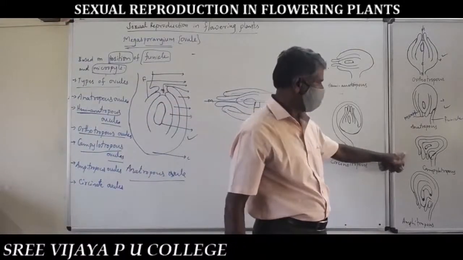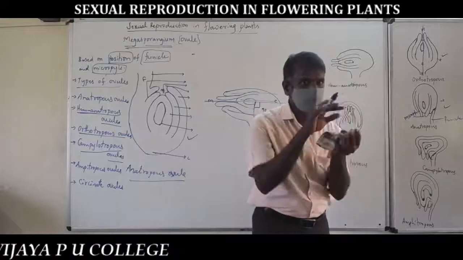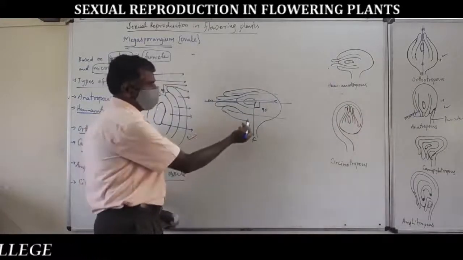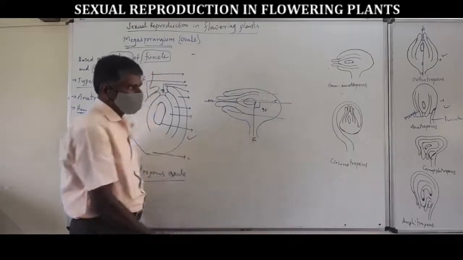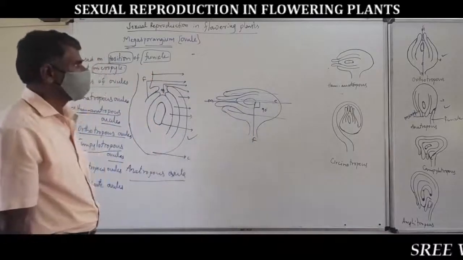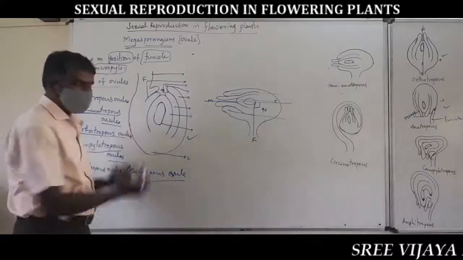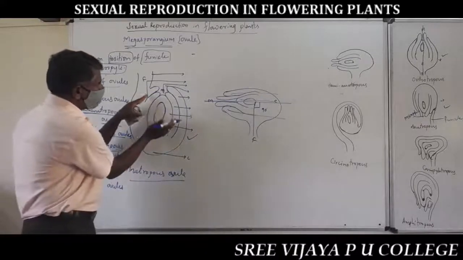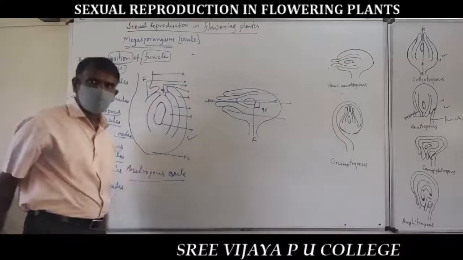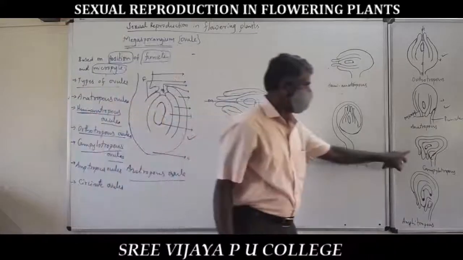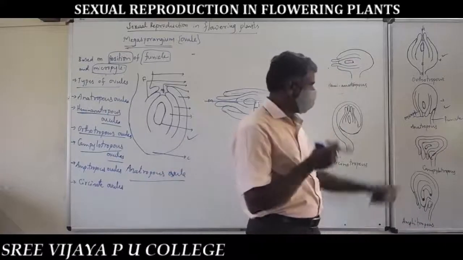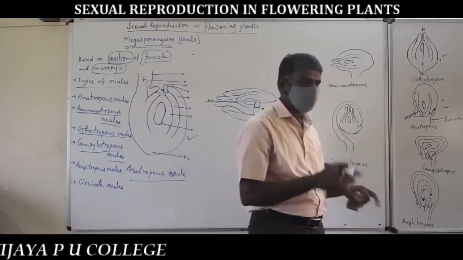Here the curvature is, for example, like the hemi-anatropous and the anatropous, but the body of the ovule is a little bit more curved.